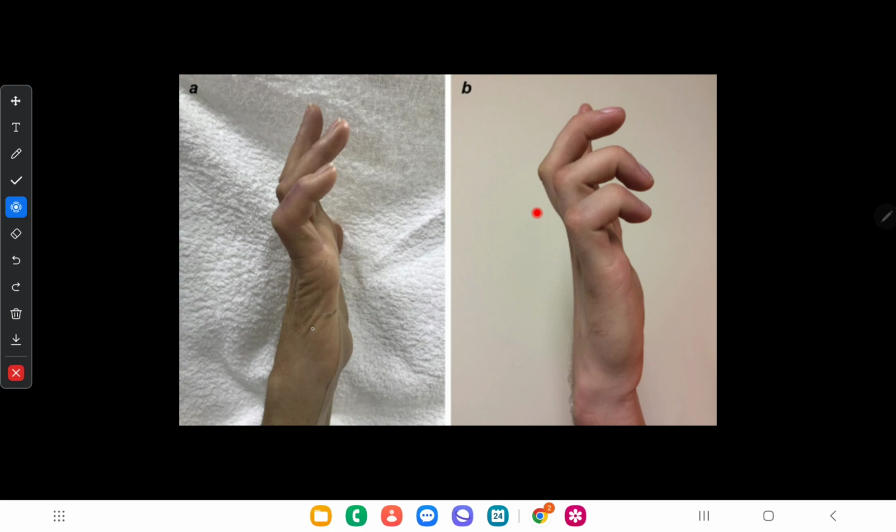Also, when the ulnar nerve is damaged, you can see wasting of the hypothenar eminence as well. And when the nerve is damaged at the elbow joint, there is sensory loss along the medial half of the palm as well as the dorsal aspect and both sides of 1.5 fingers.